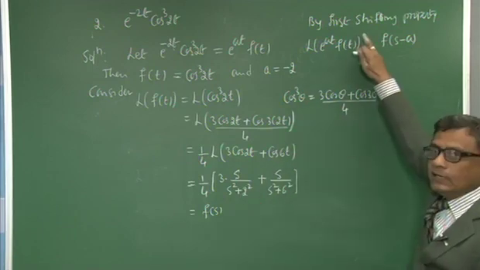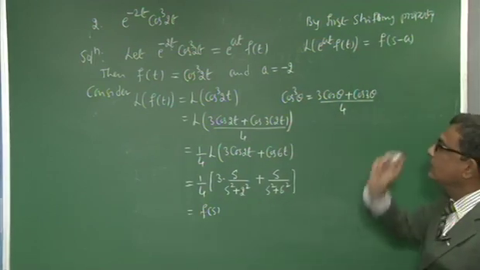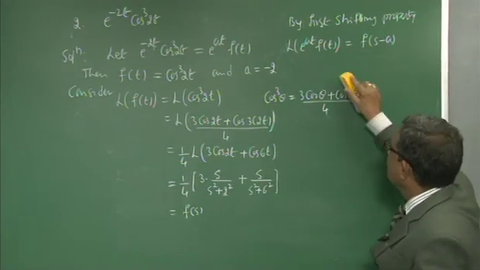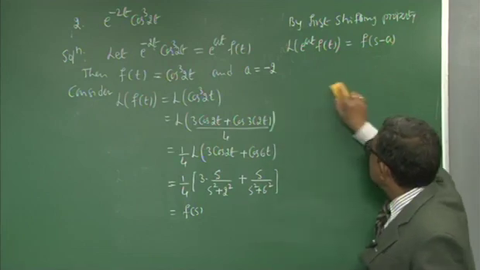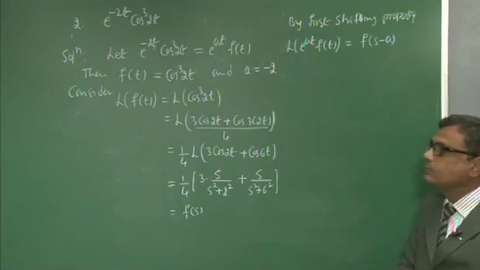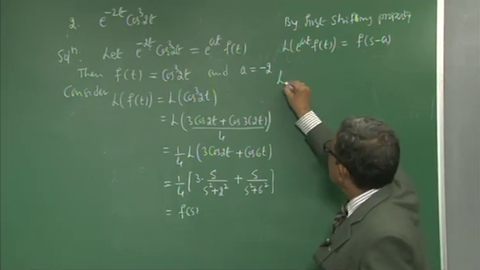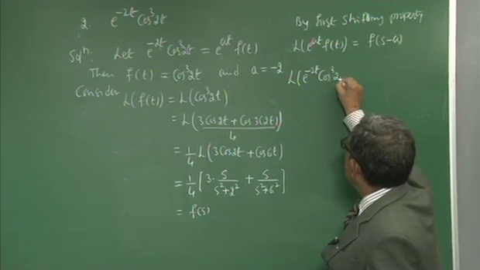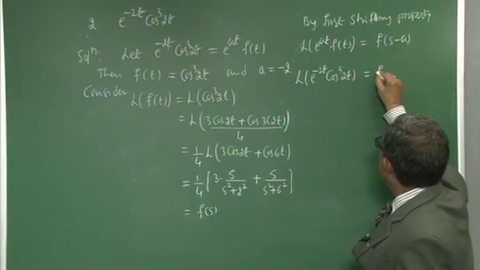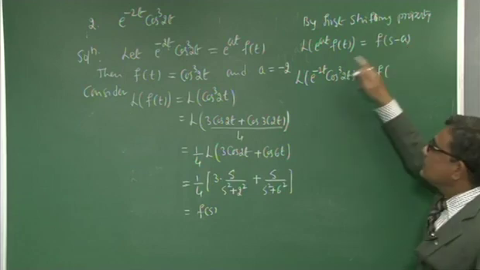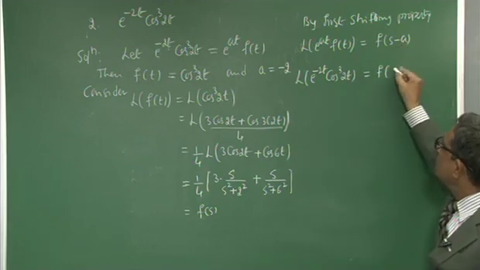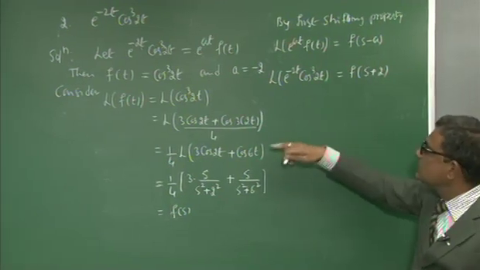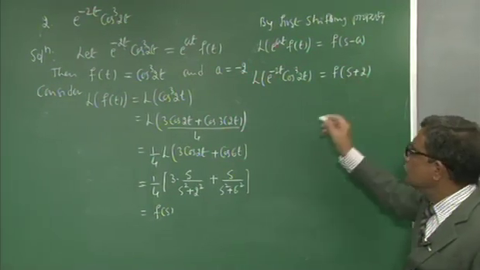Now use the first shifting property. By the first shifting property, L of e raised to at f of t is equal to f of s minus a, that is, L of e raised to minus 2t cos cube 2t is equal to f of s minus a. a is minus 2, minus into minus becomes plus 2. Now in this problem s changes to s plus 2.